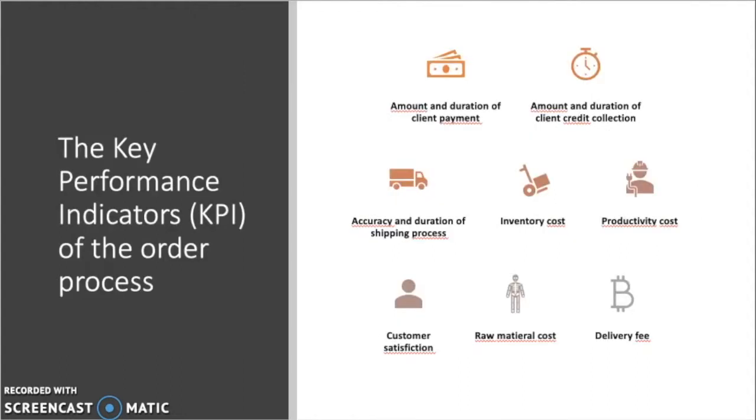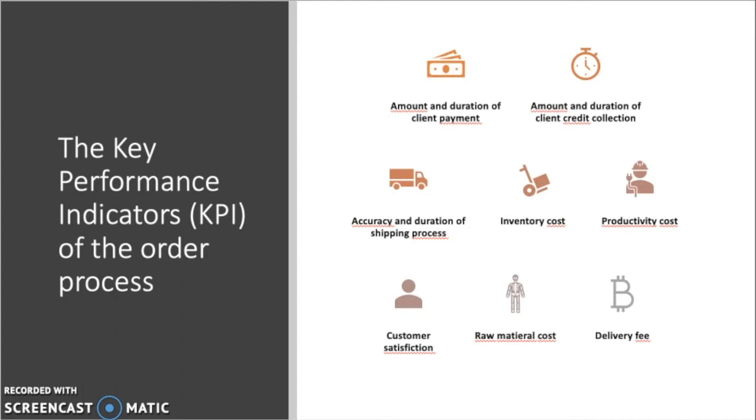Here are the major KPIs that will be valued during the entire order process. First, the amount and duration of client payment. It's about how long the client takes to conduct their payment, and whether the amount is accurate or there's some mistake. And then it's the amount and duration of client credit collection.